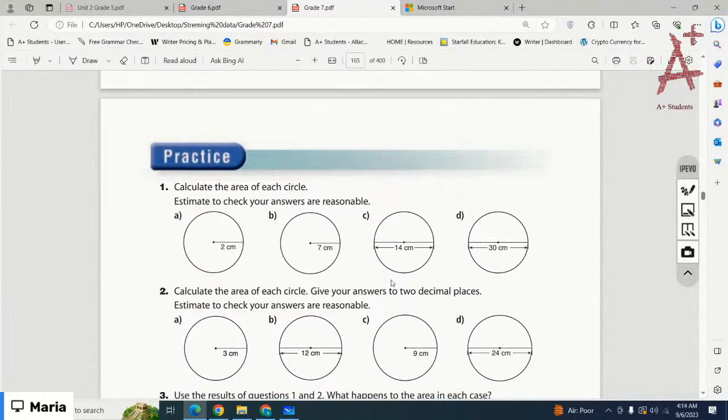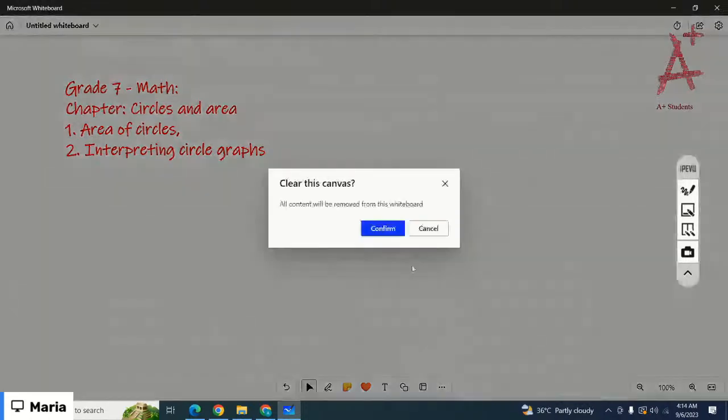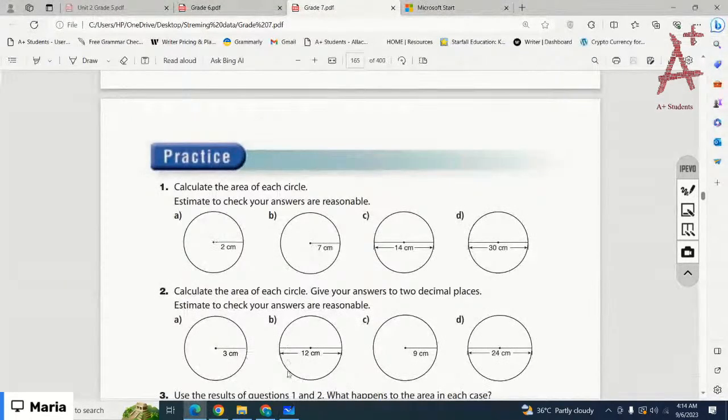Whenever you have to calculate the area of a circle, you have to use the formula: area equals pi r square. Area of a circle is A equals pi r square, where r is the radius. The radius of the first circle is 2.